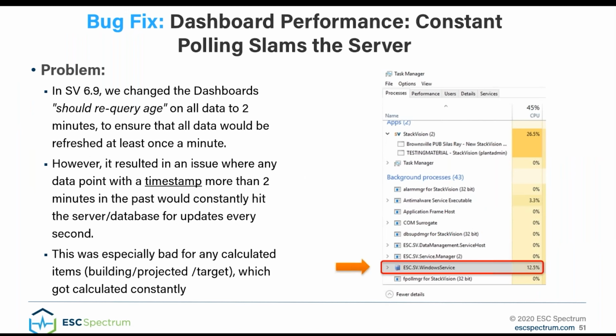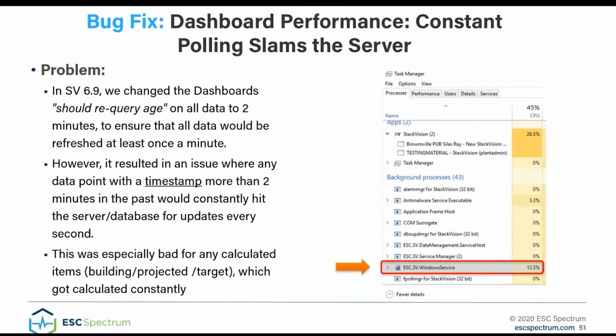Dashboard performance. Constant polling slams the server. In StackVision 6.9, we changed the dashboard's should requery age on all data to 2 minutes to ensure that all data would be refreshed at least once a minute.